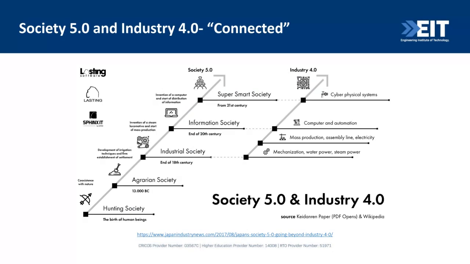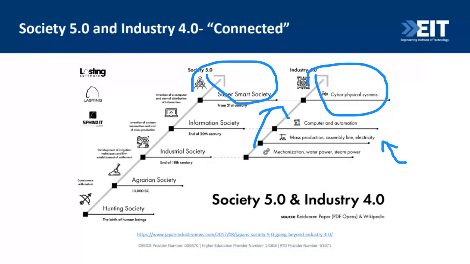So the idea is that with Society 5.0 and Industry 4.0, technology will all be connected, not only improving the industry, but also improving the lives of people. And as Industry 5.0 comes into play as well, with robots being part of it, it will only be enhanced.